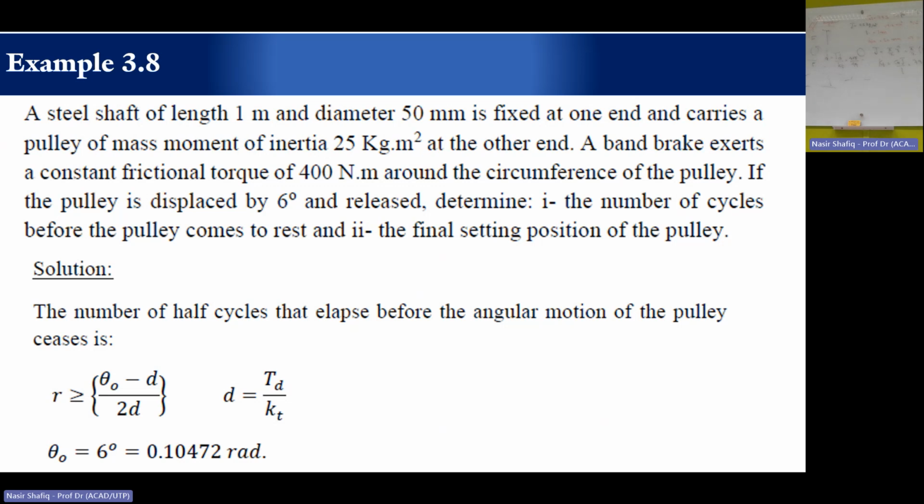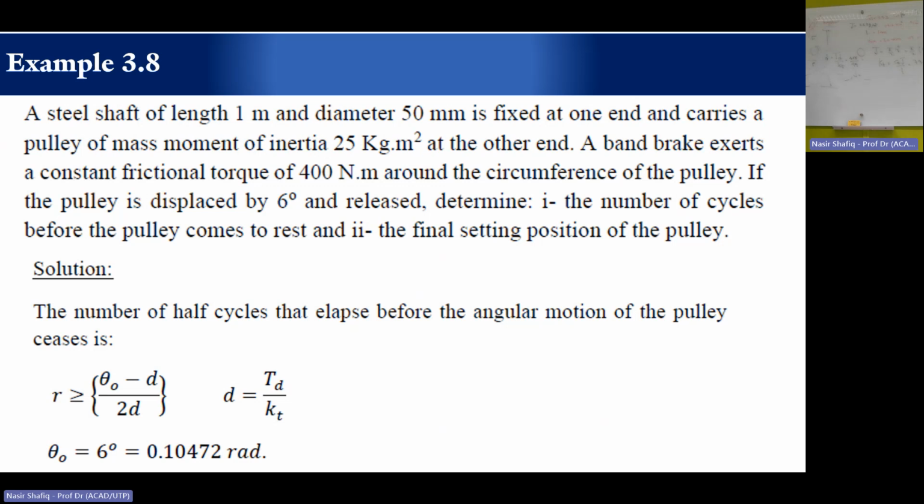So this TD upon KT, whatever value. So theta naught minus this upon 2D. So theta naught put in radian, right? So TD upon KT, which we got, whatever you are getting.